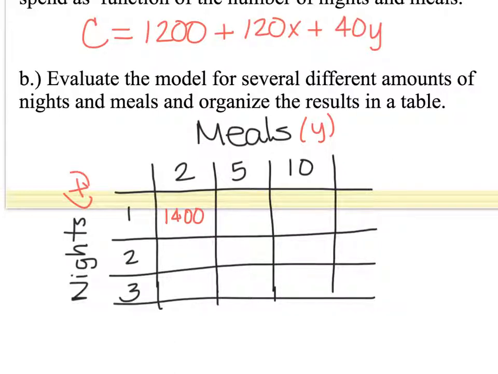I'm going to do the same thing if I plug in a 5. If I have 5 meals and only stay 1 night, I plug that 5 in for my y, and I come up with a value of $1,520. Same thing if I plug in a 10 for the y and a 1 for the x, I end up with $1,720. Now I'm going to change the number of nights.